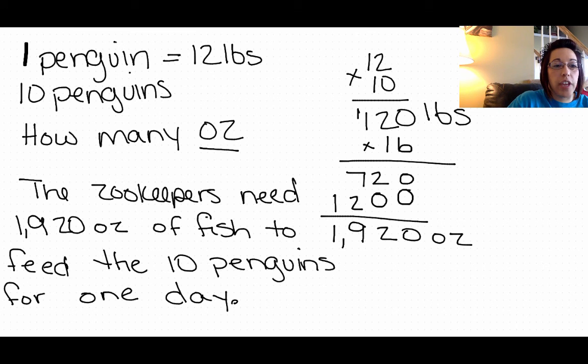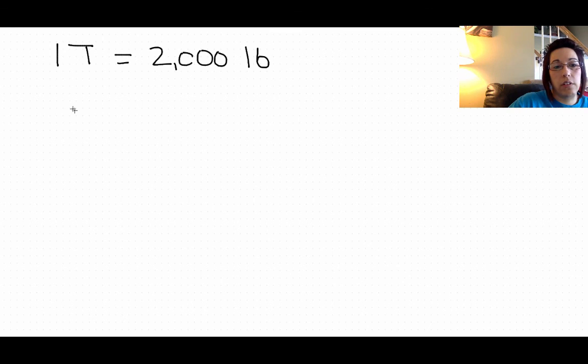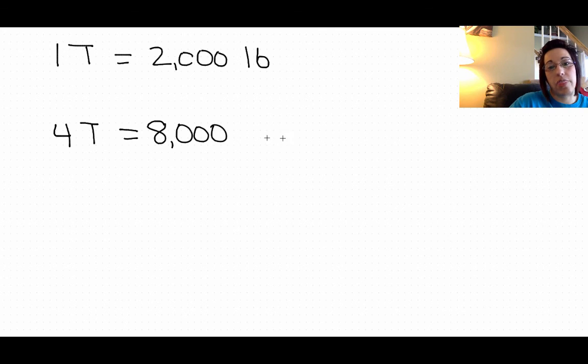So we have to think, 1 ton equals 2,000 pounds. So 4 tons equals 4 times 2,000, which would be 8,000 pounds.